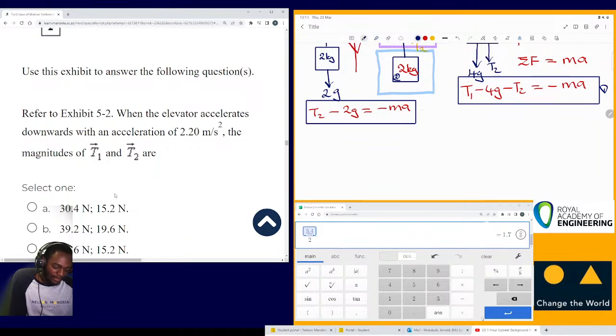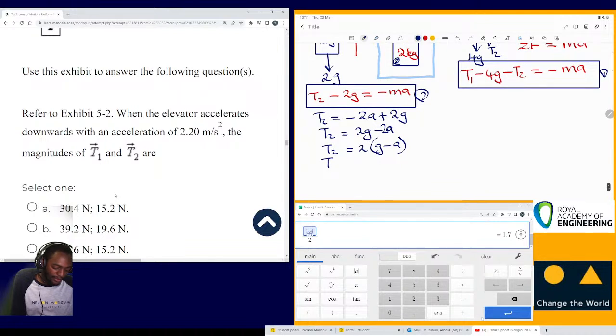Obviously we'll start with finding T2, which equals negative ma, and our mass there is 2, so that becomes 2a plus 2g. We can factor out 2, so T2 becomes 2 times (g minus a).